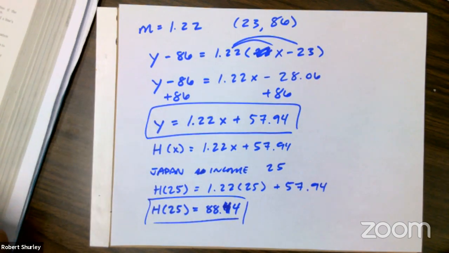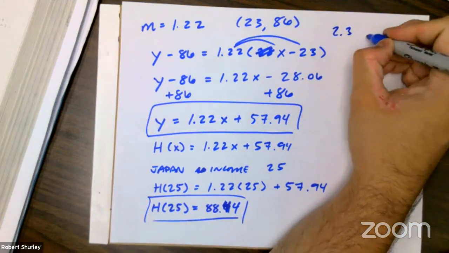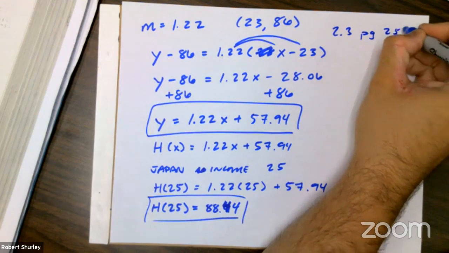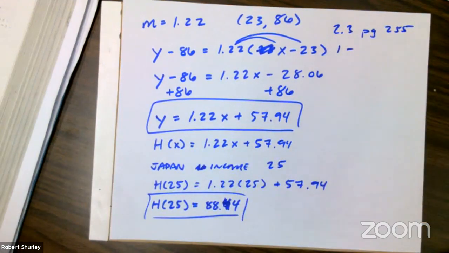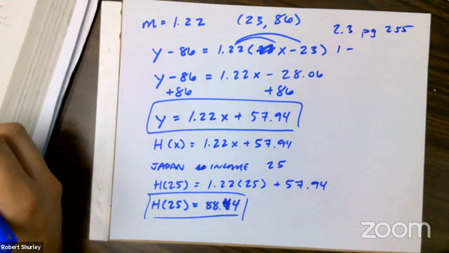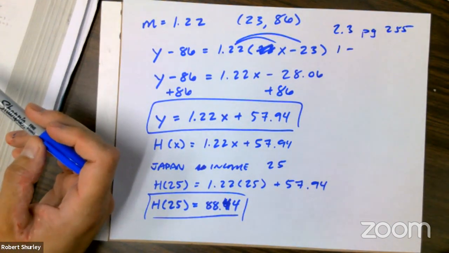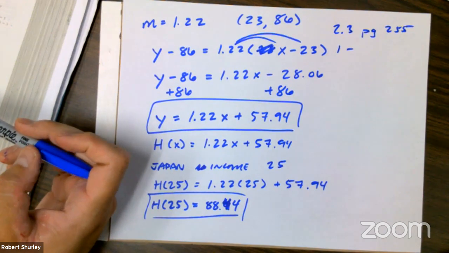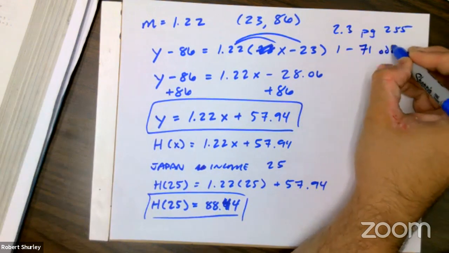I'm just going to give you homework from 2.3. We'll do 2.4 tomorrow. So 2.3 starts on page 255. I want you to do 1 through 71 odd. You don't have to do all those, do odd.